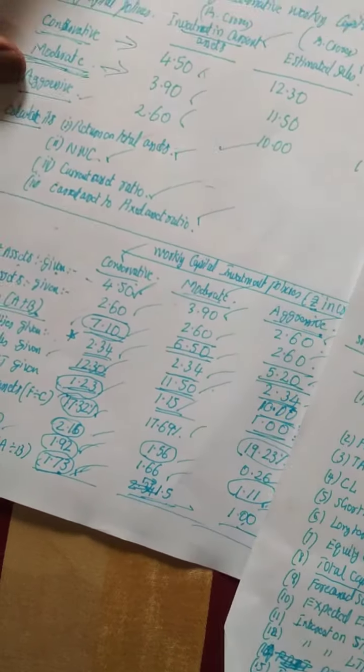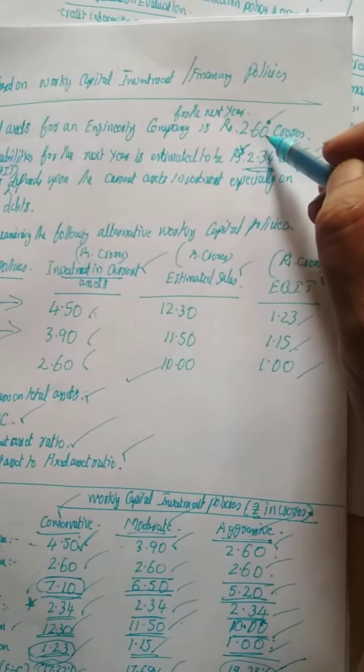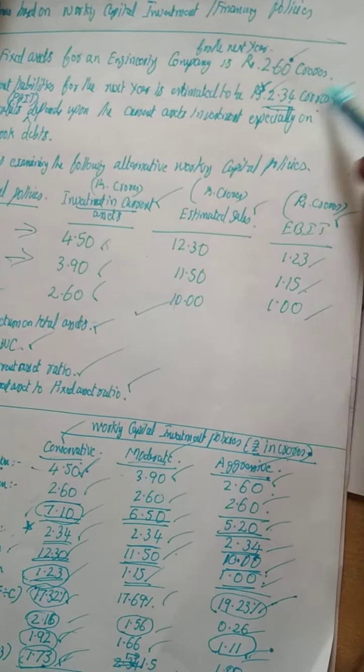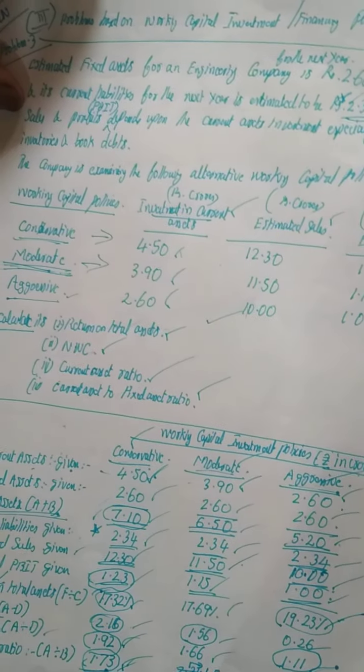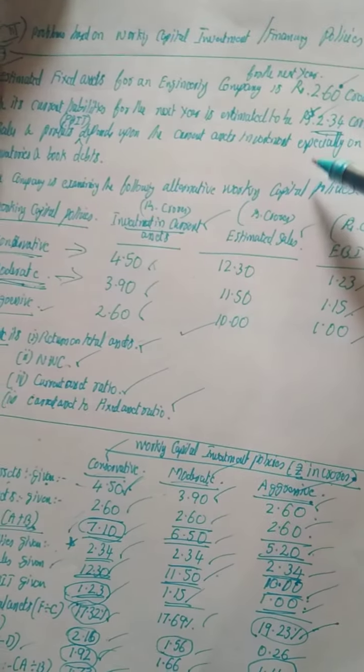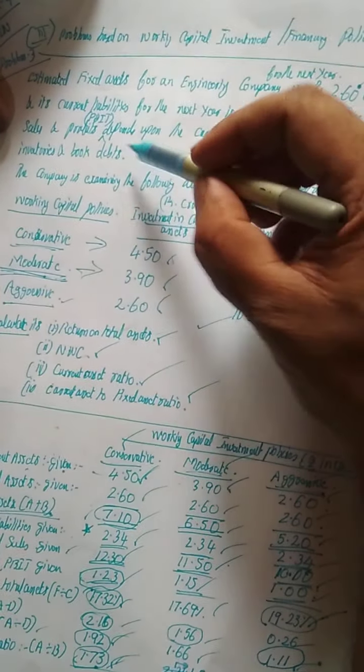The fixed asset of that company is 2.6 crore. Current liability is given, which is 2.34. Some information is given on sales and profit, which depend upon the current assets and investments, especially on inventories and book debts.